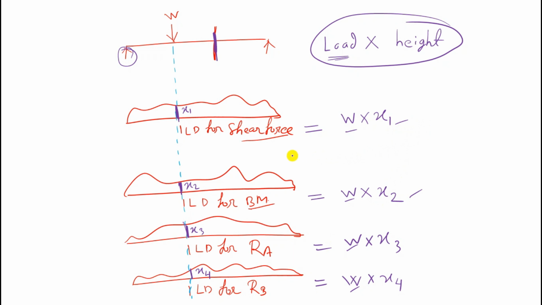When you calculate the bending moment, the height is x2. When you calculate the reaction RA, the height is x3. And when the reaction is RB, the height is x4. So for different heights, you will get different results. These things you have to keep in mind.